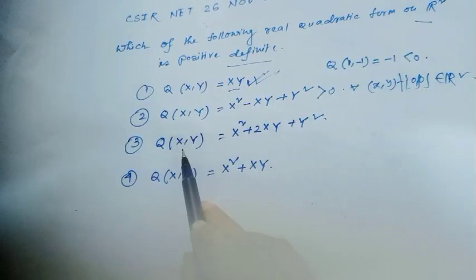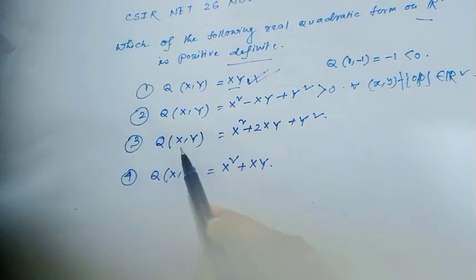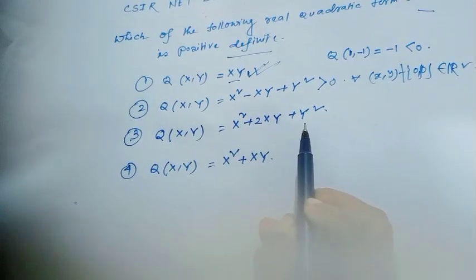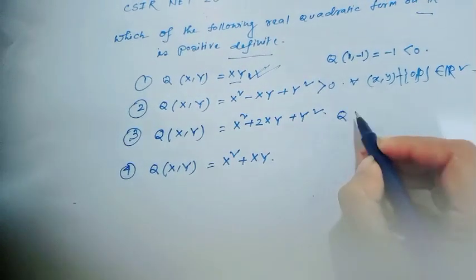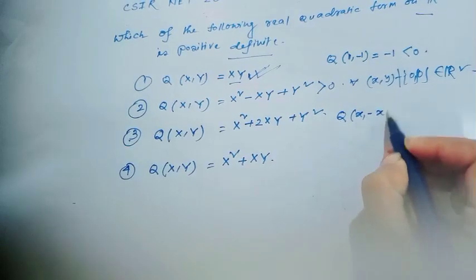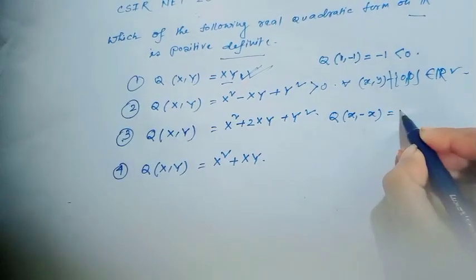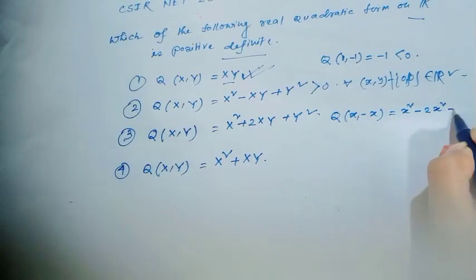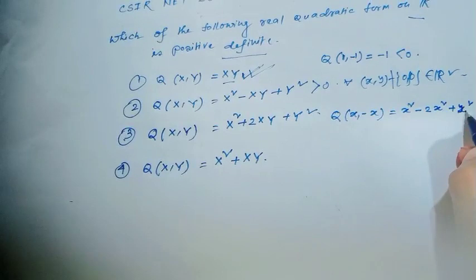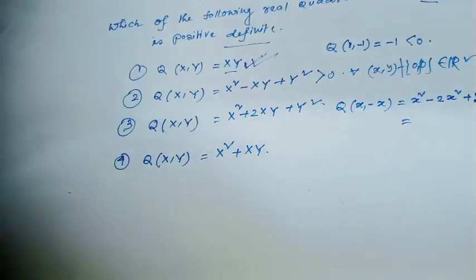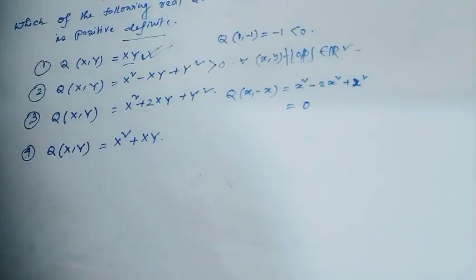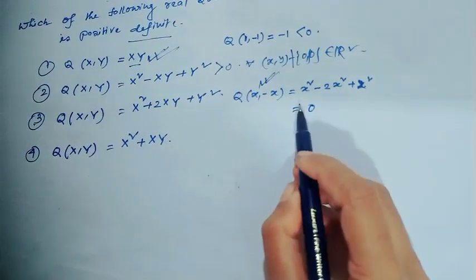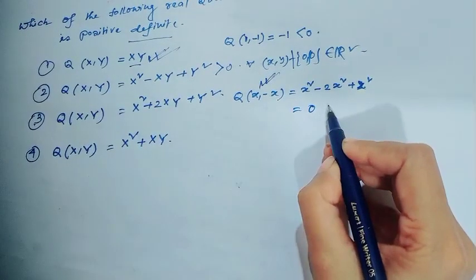And notice in option 3, q of x y equals x square plus 2 x y plus y square. If we consider q of x comma minus x, then this would be x square minus 2 x square plus x square, and this value obviously would be 0. Therefore I have got a non-zero vector in R2 with q of x y equal to 0, so this is not positive definite.